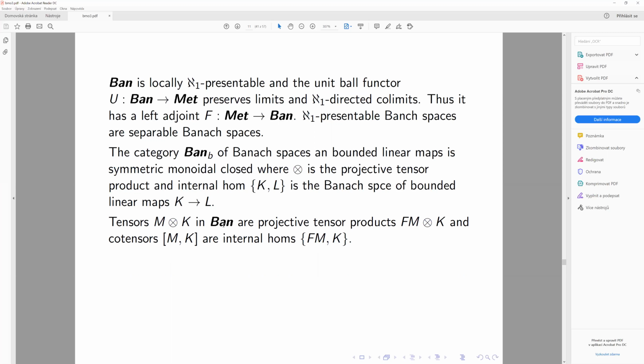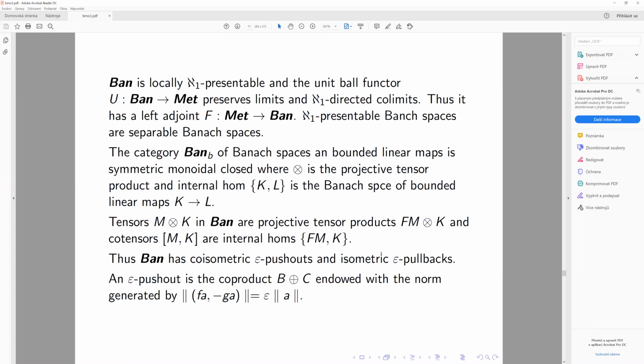Yes, so this category of Banach spaces has weighted limits and colimits. So it has epsilon pushouts, even co-isometric epsilon pushouts, and epsilon pullbacks, isometric epsilon pullbacks. One could also do it directly, and for epsilon pushouts you can compare with metric spaces.